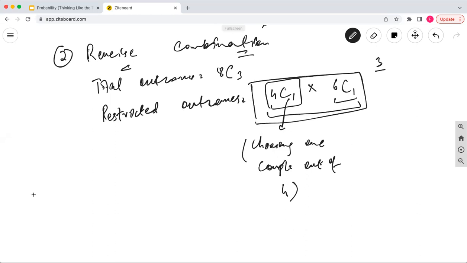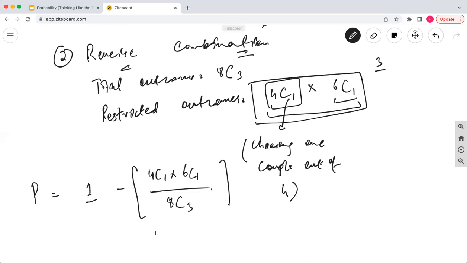So what is the probability here? That will be probability 1 minus the restricted probability. The restricted outcomes are 4C1 into 6C1, and total outcomes are 8C3. So this will be 1 minus 4 into 6 divided by 8 into 7, because 6 will cancel out. So this will be 2, 2, 3, 3 by 7.